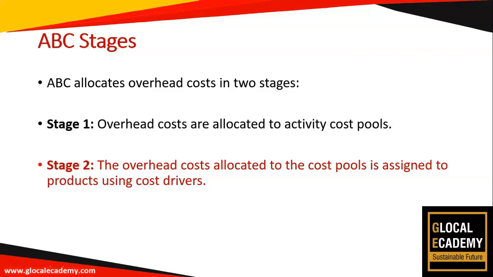As we understand, products are assigned cost on the basis of activities, so the activity cost pool is a central link. First we allocate overhead cost to the activity cost pools, and from those pools we charge cost to the product based on relevant cost drivers.